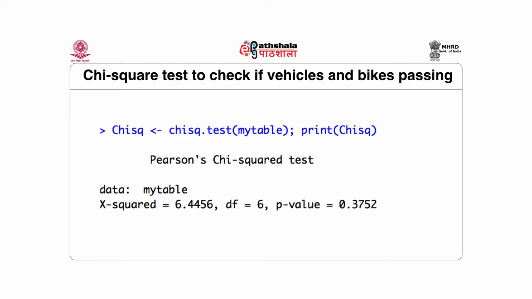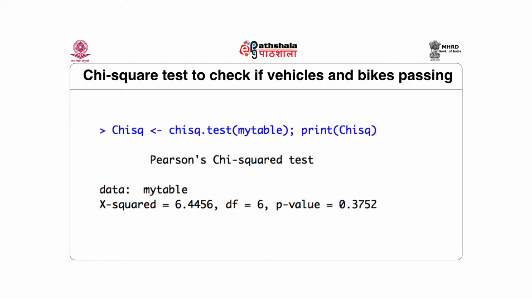And I leave that to you as an exercise to see what is the area under the curve for a chi-square statistic of 6.44 with degrees of freedom of 6. You will soon see that the probability value of the probability distribution is around 0.3752, which means that this is not an extreme outlier.